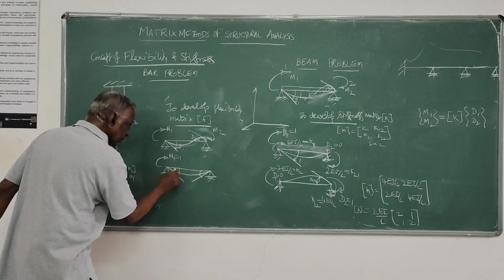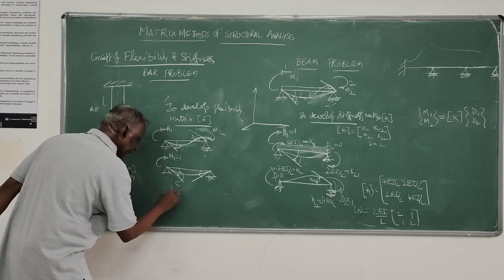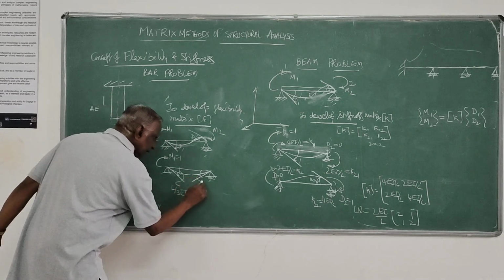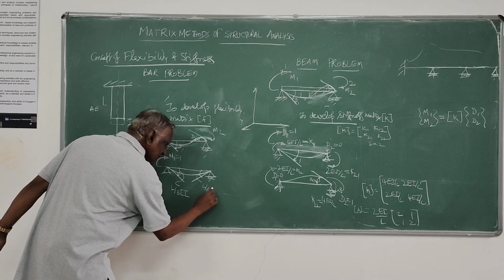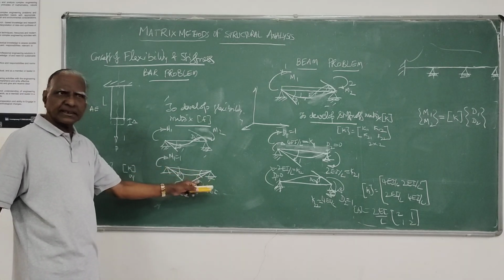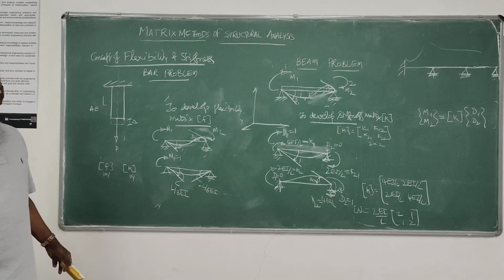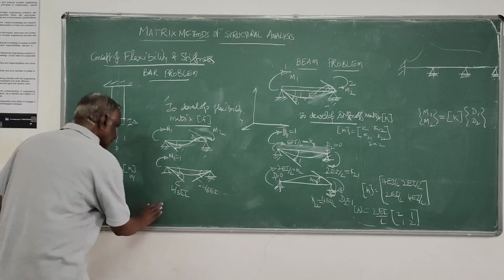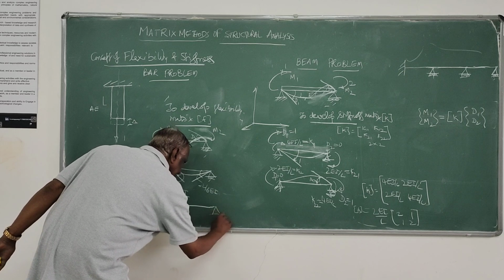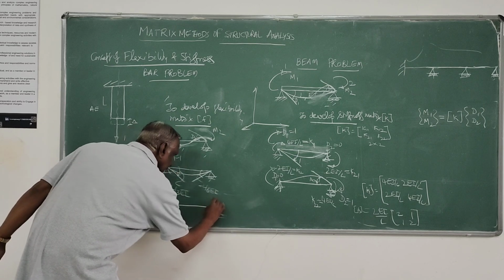So the displacement due to unit force, that also we can prove. It will be at the near end L by 3I. Here it will be L by 6I. Here it is in the clockwise direction, here it is in the anti-clockwise direction, so that is minus L by 6I. Similarly, I will apply unit force in the direction of coordinate 2.